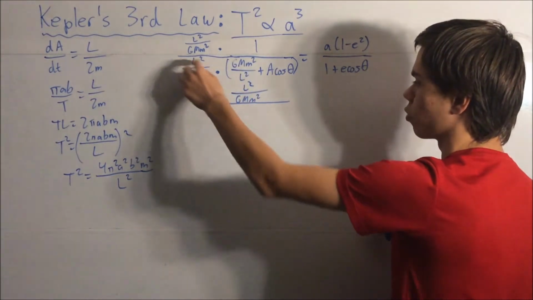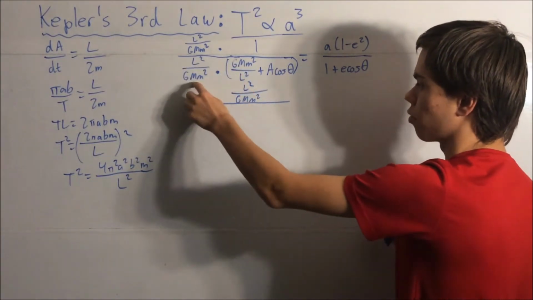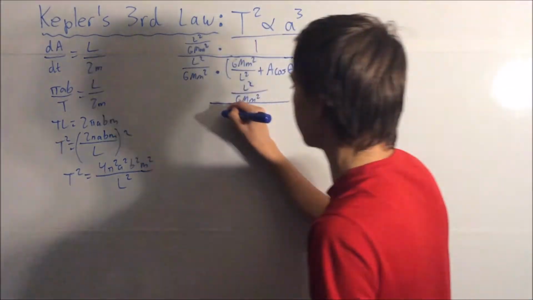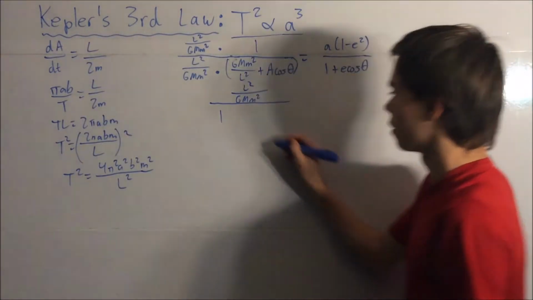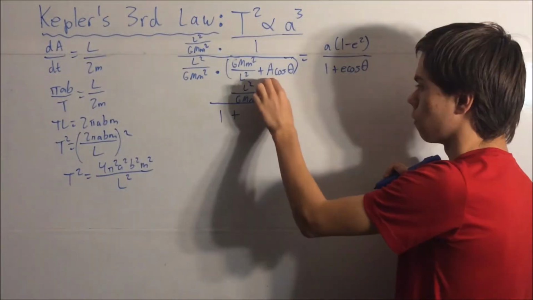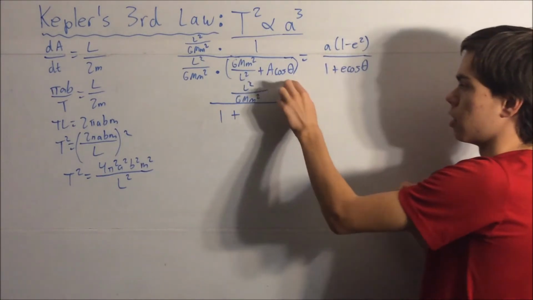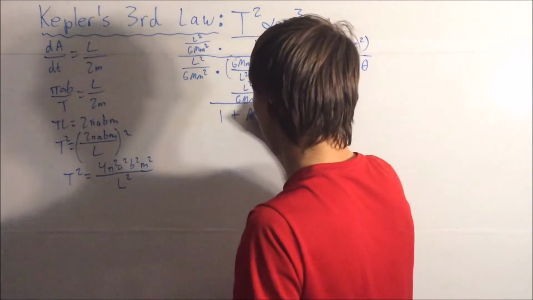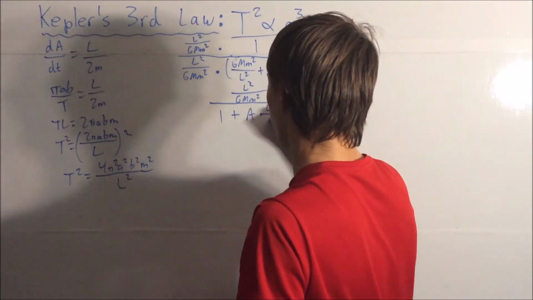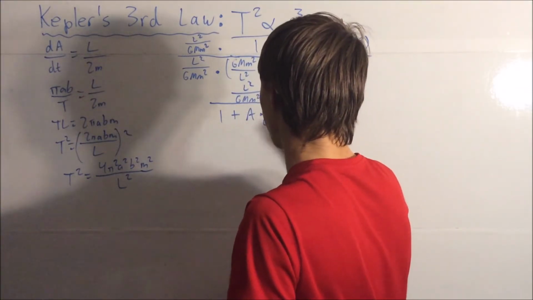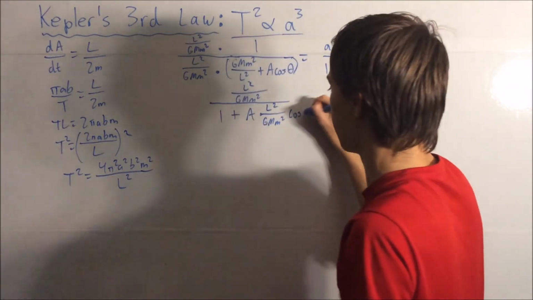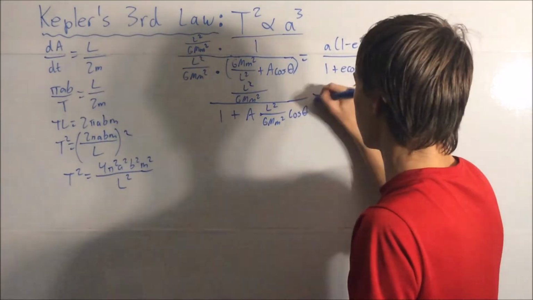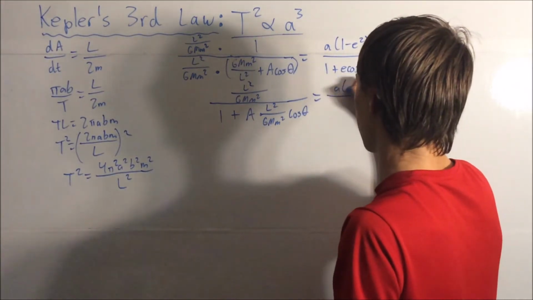We know L squared cancels out with L squared, GMM squared cancels out with GMM squared. That leaves us with just 1. And right here, for our a cosine theta, it's just a times L squared over GMM squared, times the cosine of theta. So this is, of course, equal to the same thing we had before.